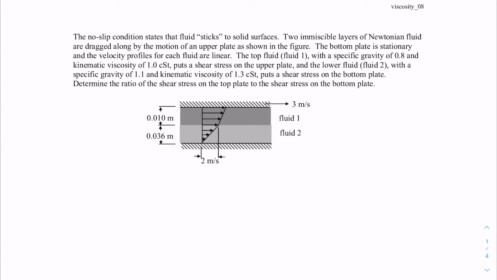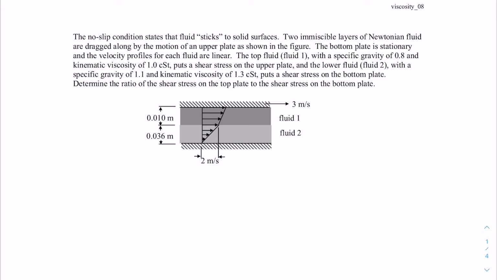And since we are moving the upper plate, there is a velocity profile in the fluid 1, and similarly there is a different velocity profile in fluid 2, but both of these velocity profiles are linear because it is a Couette flow, and the velocity of this interface between fluid 1 and fluid 2 is given, it is 2 meters per second.